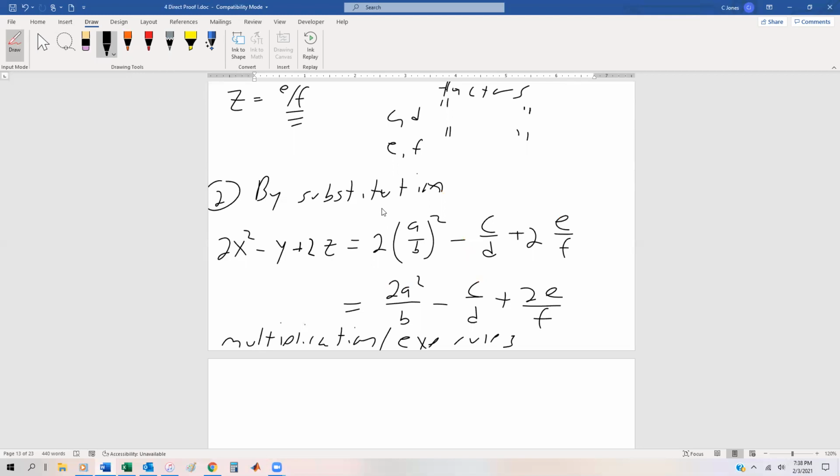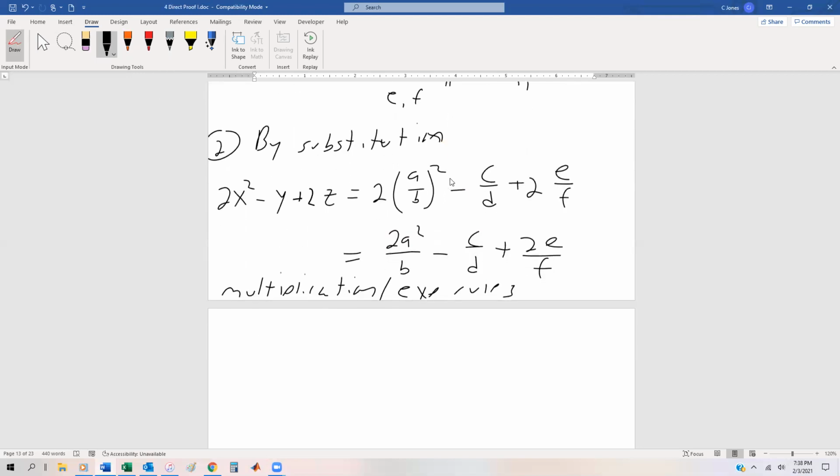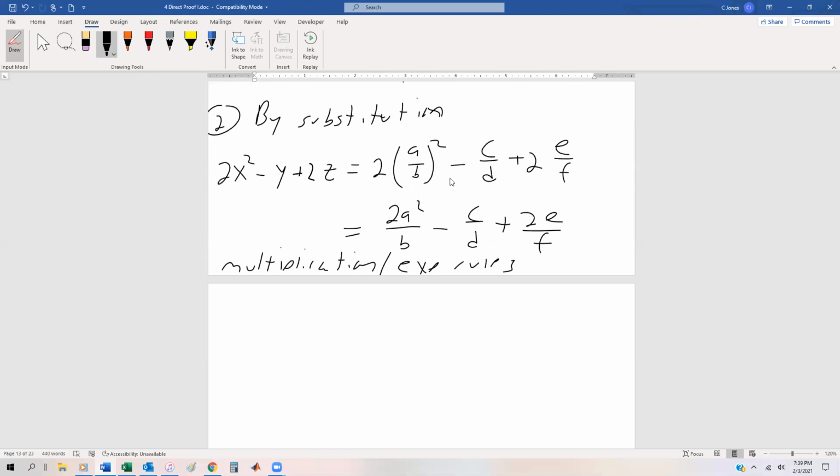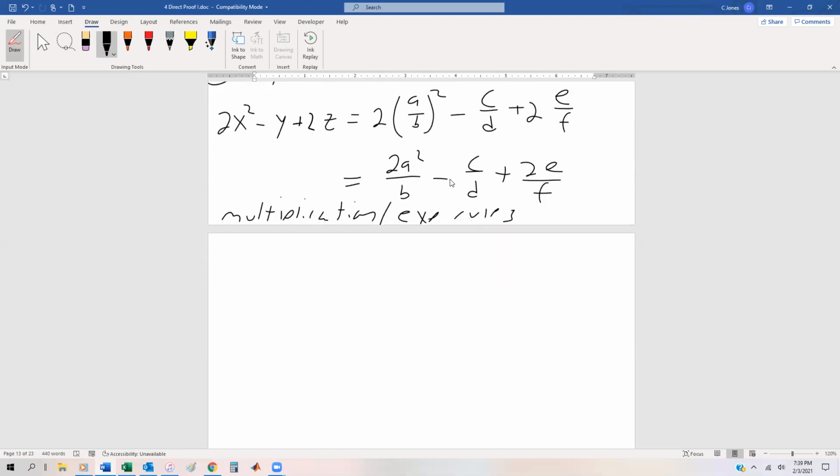We want to get a single integer. So to be able to get a single integer, we probably need a common denominator. So let's rewrite everything with a common denominator. Now, the common denominator for this one is going to be BDF. So we're going to rewrite everything with the denominator BDF.